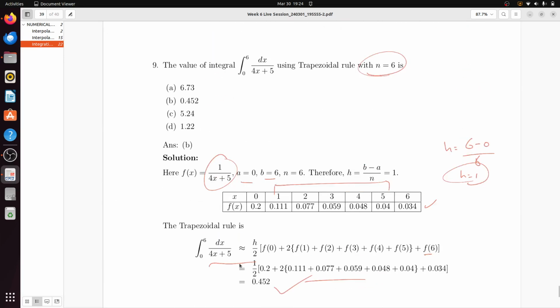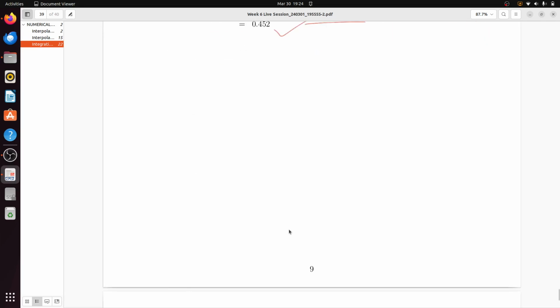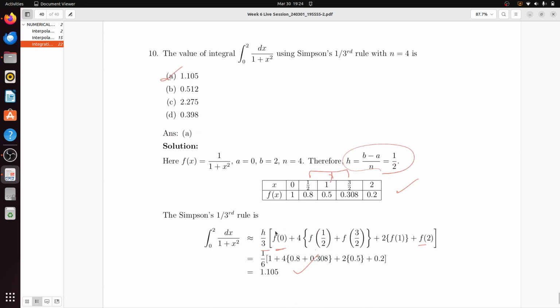I will upload a few more problems based upon this. You can also search the internet for problems regarding the trapezoidal rule and Simpson's one-third rule. Since it is a basic course on engineering mathematics, you will mostly encounter these types of problems only.